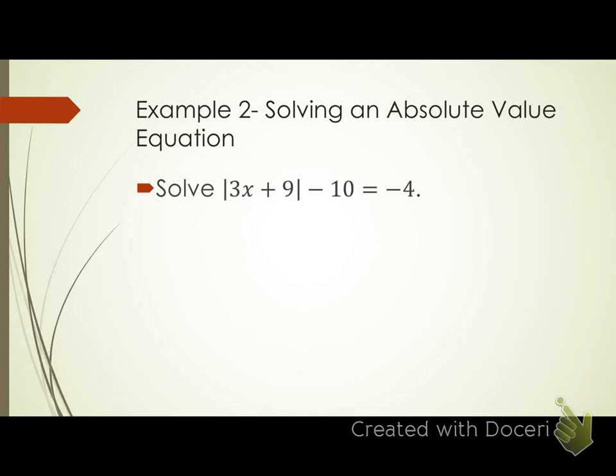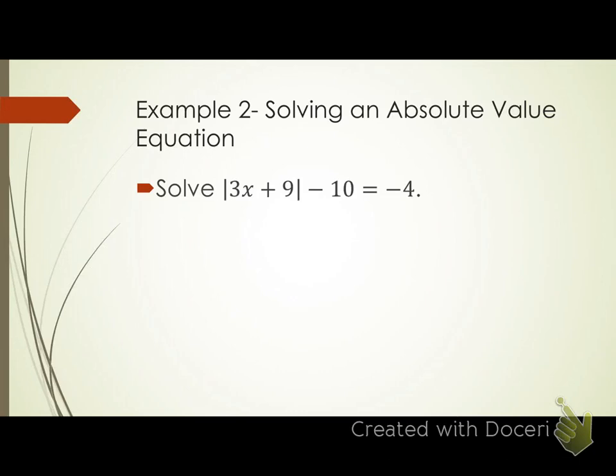Any ideas? 3x plus 9 minus 10 equals 4. Say it again. 3x plus 9 minus 10 equals 4. You said positive 4. Not quite. No solution? How many of us think it's no solution? I can see why you think it's no solution, but that is not the case. This one's kind of a trick one. Throwing a curveball at you.